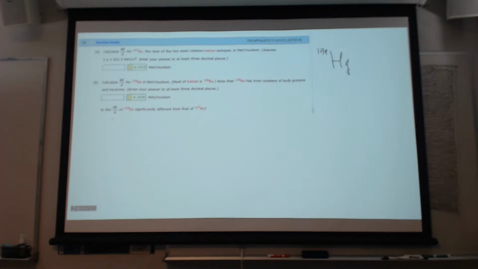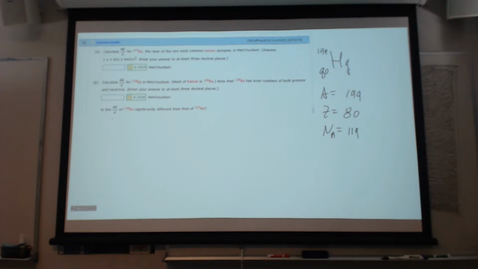There's mercury. 80 protons, and 119 neutrons.